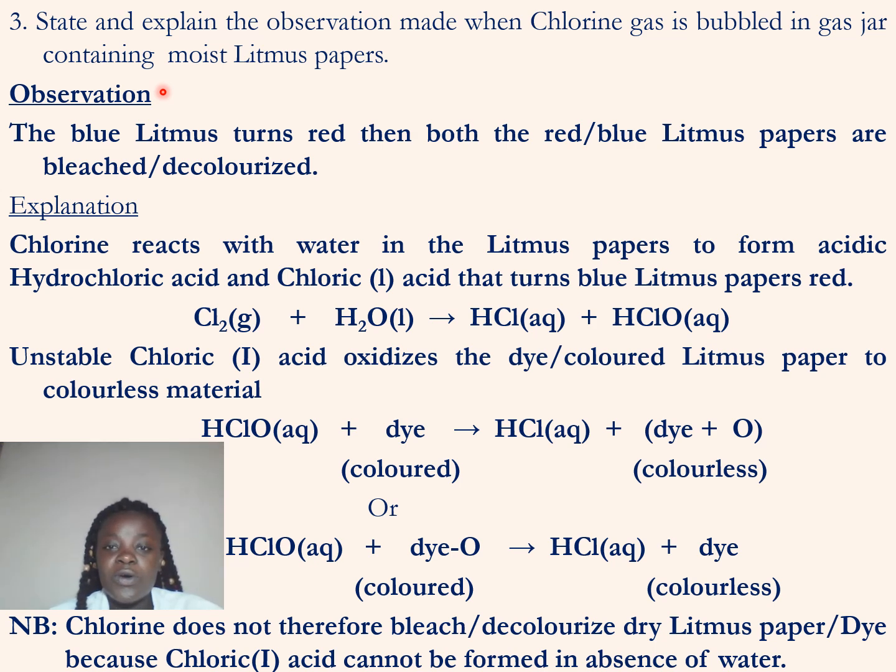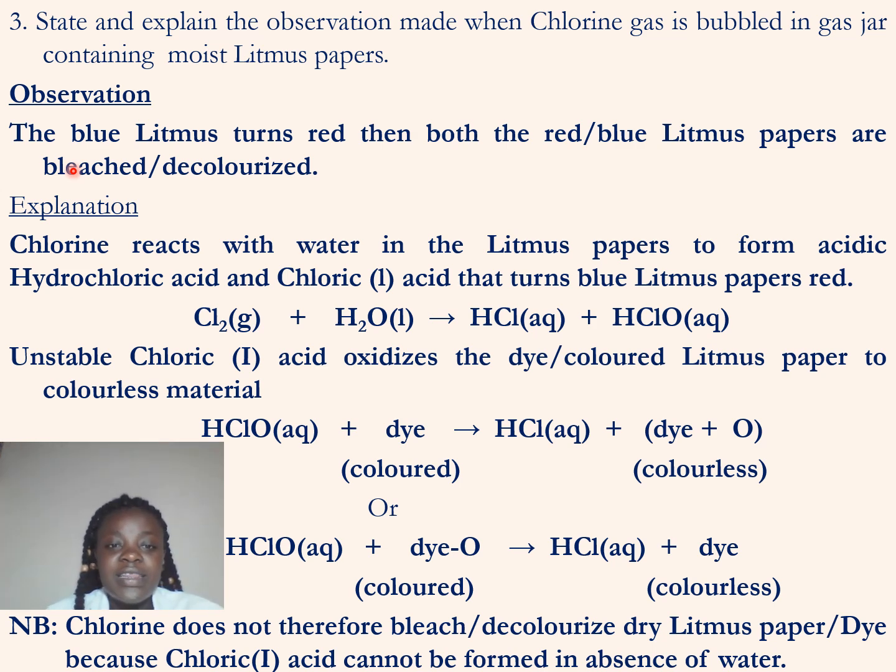So the blue litmus paper turns red. Remember, when chlorine reacts with water that is inside the moist litmus papers, it forms an unstable hypochlorous acid and hydrochloric acid. So this solution will be acidic.